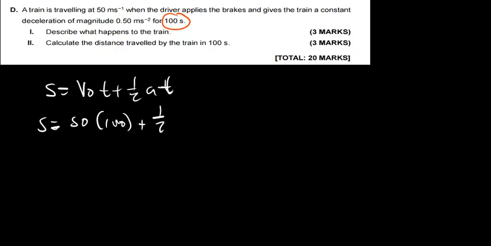Now, one thing I want you to understand is that the acceleration is going to be negative because it was decelerating. Time 100 squared. So this is going to be 5,000 minus 100 squared times 0.5, because 1 over 2 is 0.5. So I'm getting 2,500.